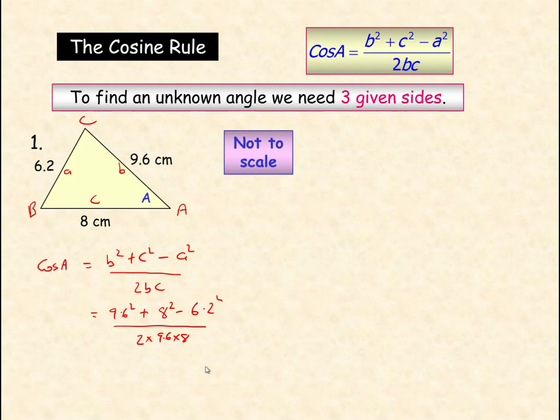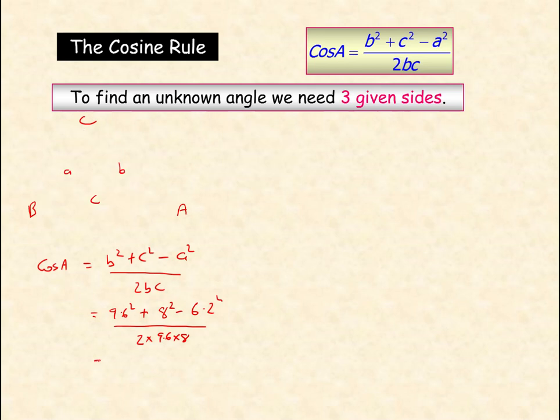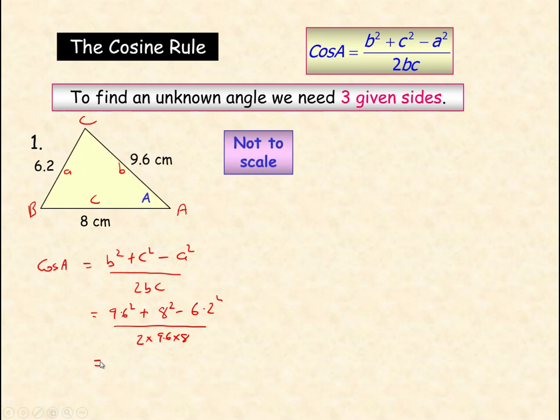Now I can plug all that into my calculator, and I want you to try that now. Plug it into your calculator, see what you get. You can pause it if you don't want to see the answer, but you should get 0.7664, and a few other numbers which you leave in your calculator.